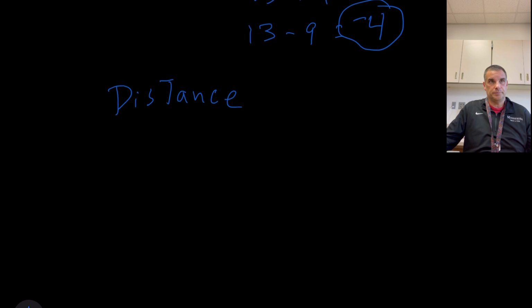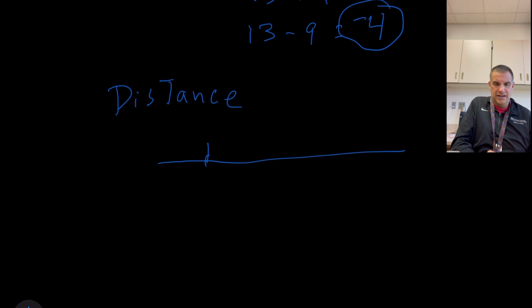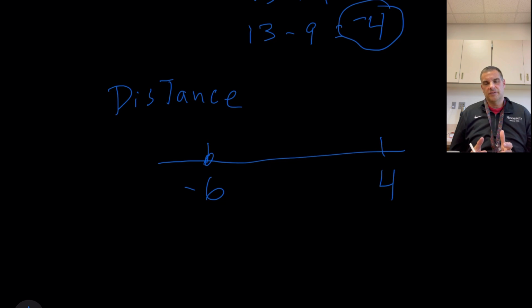Anyway, so we're going to find the distance between points on a number line. So let's say that we have this number line here, and we've got the point negative 6, and we've got the point 4, and we want to find the distance between those 2 points. Well, the distance between those 2 points is really going to be the absolute value of this plus the absolute value of that.